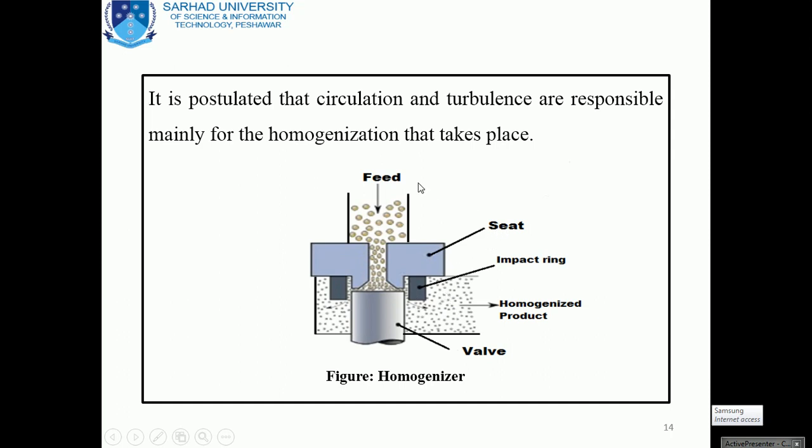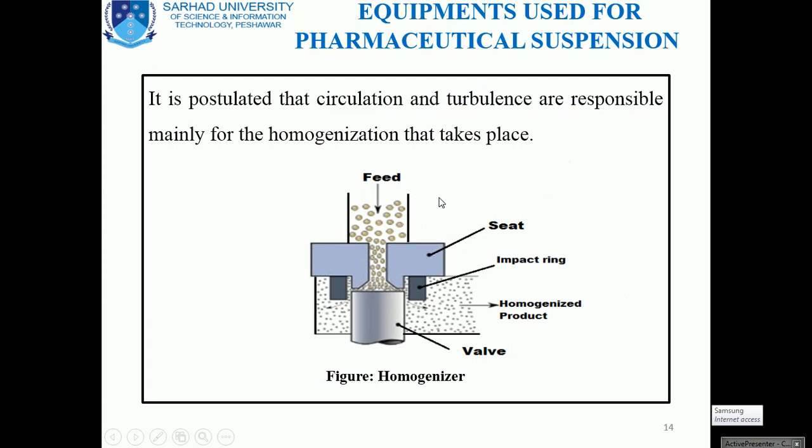Remember that if the desired homogenization is not achieved by the first processing, then reprocessing or recycling of the product is performed. It is postulated that circulation and turbulence are responsible for the homogenization that takes place in the formulation.